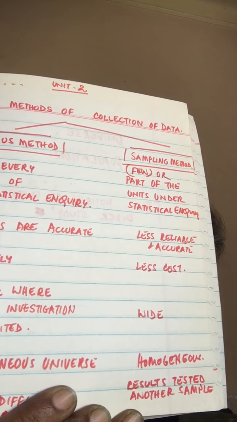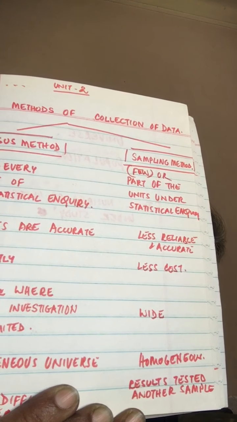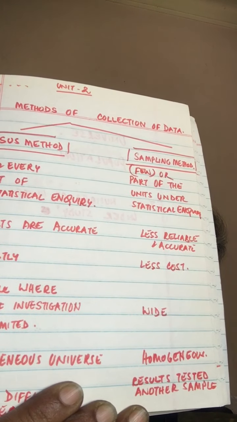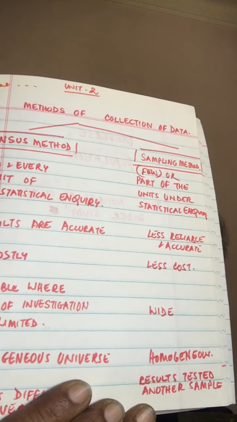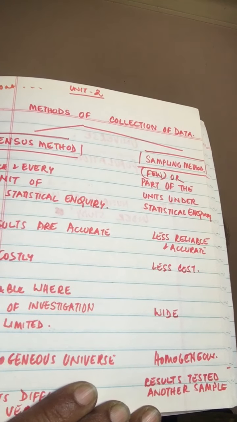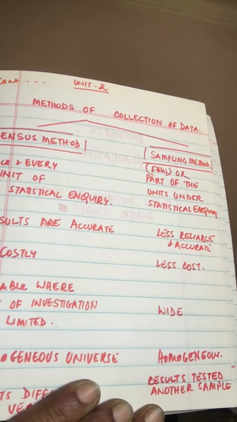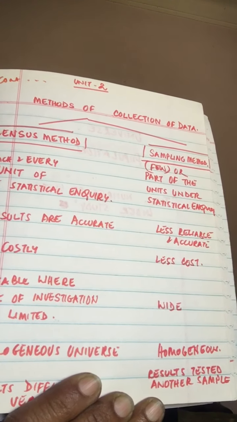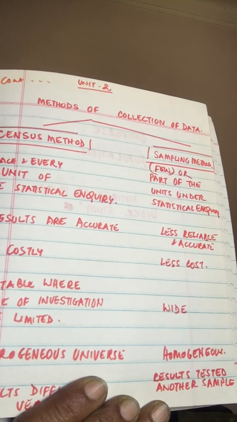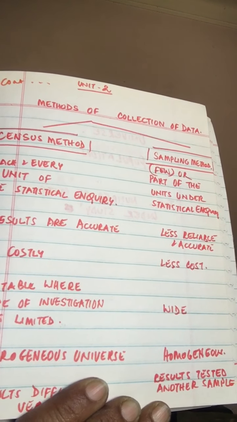Then suitability. Census method is more suitable where the scope of investigation is limited. When there are a limited number of people, then it's always better to go in for a census method, and sampling method is suitable where the area of inquiry is wide.